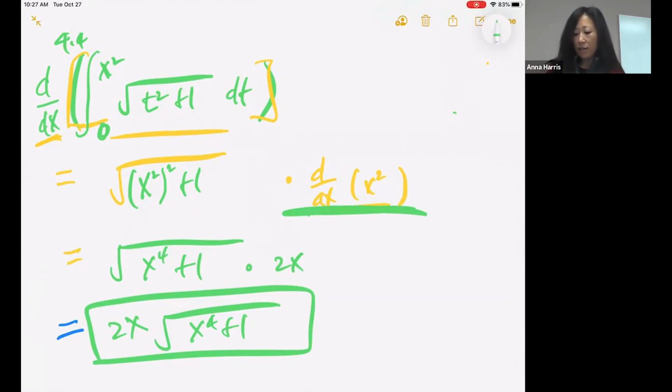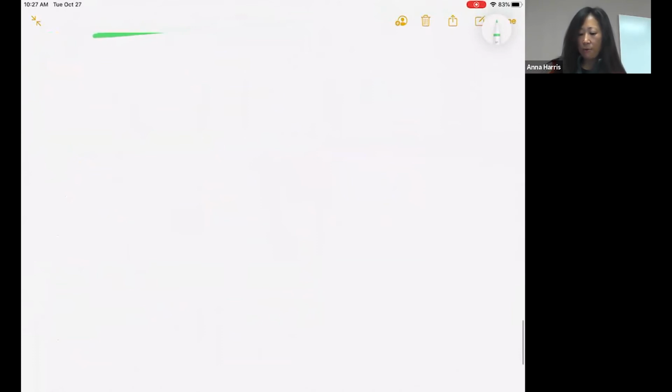All right, so let's look at another one just in case you didn't get this problem. I'm again using the second fundamental theorem of calculus.